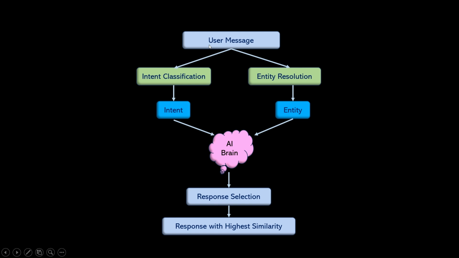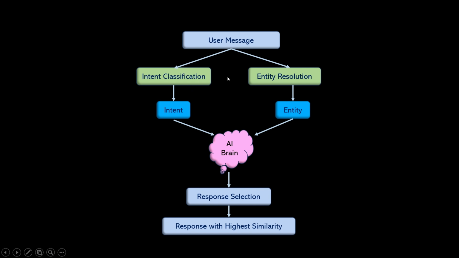The computer then interprets the user message, passing it through intent classification and entity resolution. Intent classification determines the user's intention behind the message, while entity resolution identifies any specific individuals, objects, places, or types mentioned in the text.